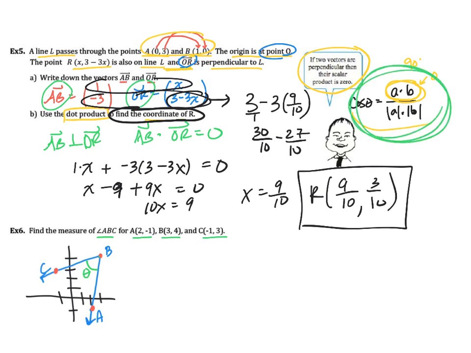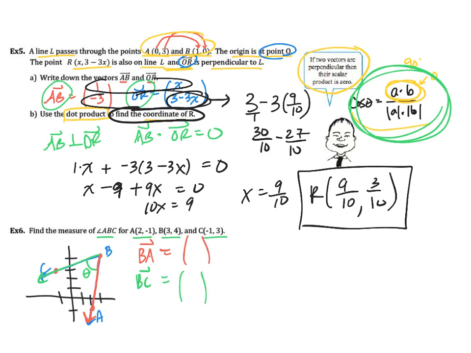Cosine of this angle measure is equal to the dot product of A times B divided by the magnitude of A times the magnitude of B. The question is, though, in this example, you need to kind of graph it so you can see where the vectors are. So we have this vector BA, and then we have this vector BC. So first you need to find what those vectors are, right?